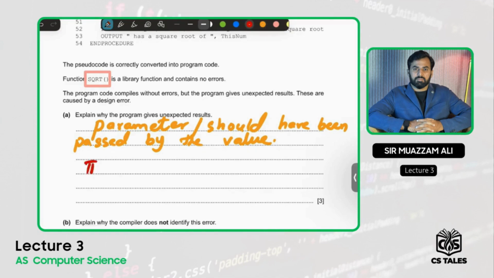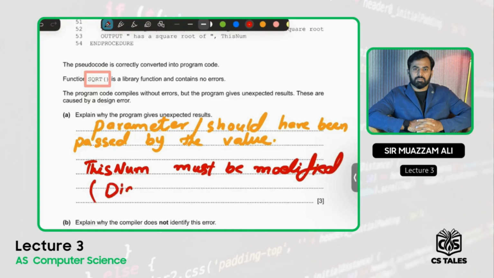So this number must be modified. Let's suppose in your procedure you display sqrt, the square root, and it must be modified in your procedure.